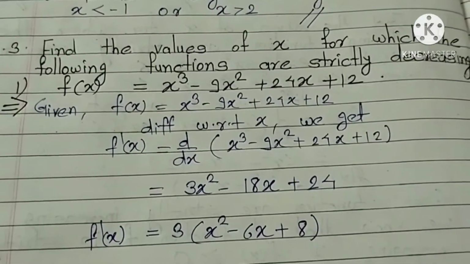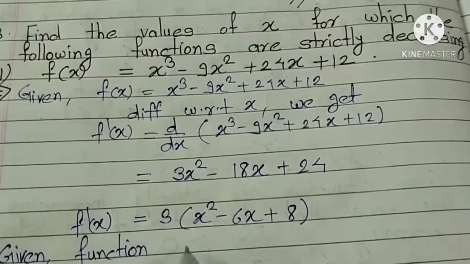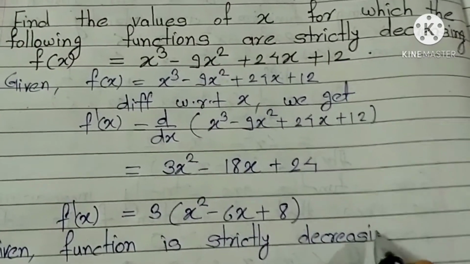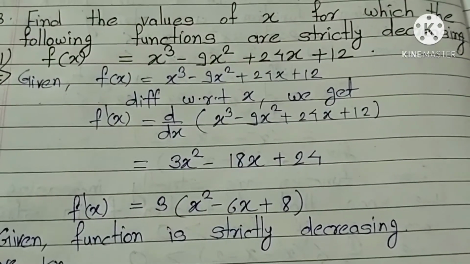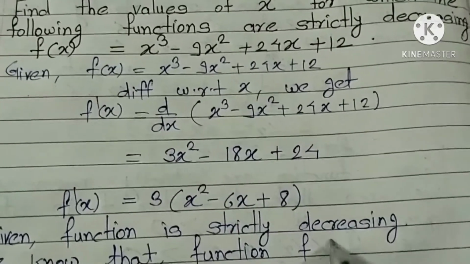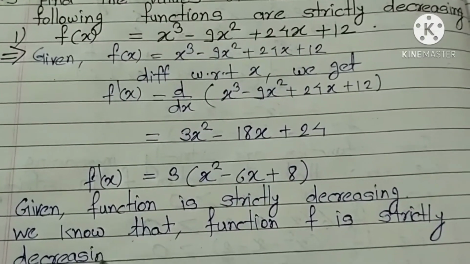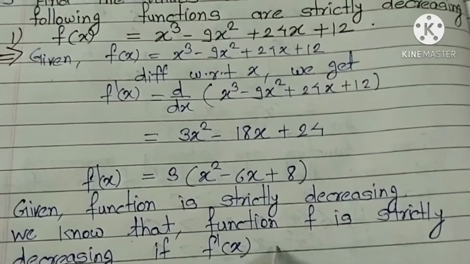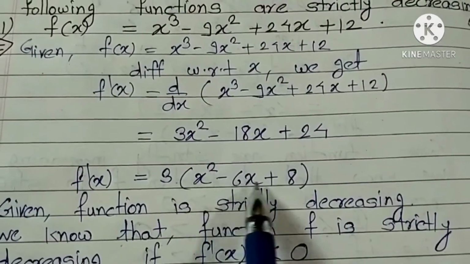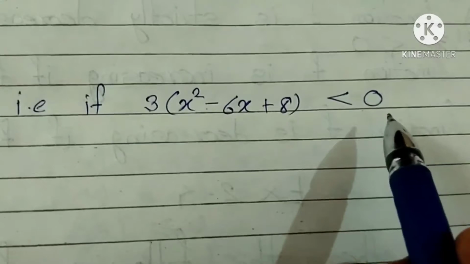Now here f is strictly decreasing. We know that function f is strictly decreasing if f dash of x is strictly less than 0, and f dash of x, that is 3 times x square minus 6x plus 8, is strictly less than 0.